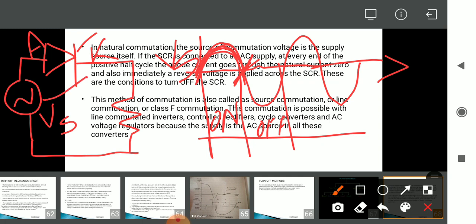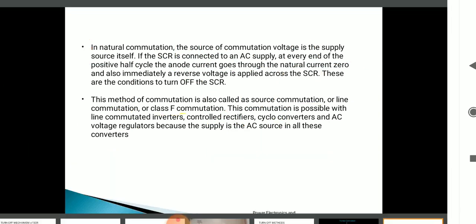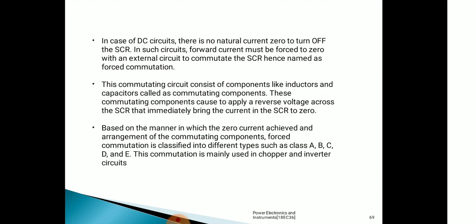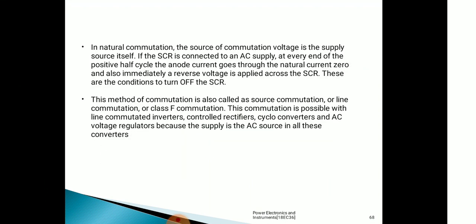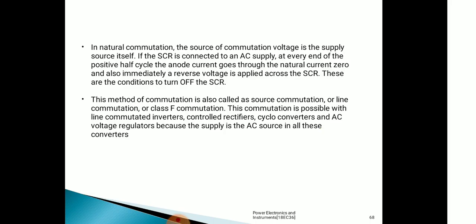It is also called line commutation or class F commutation, because among the types of commutation in natural commutation, only one type is there, that is class F commutation.